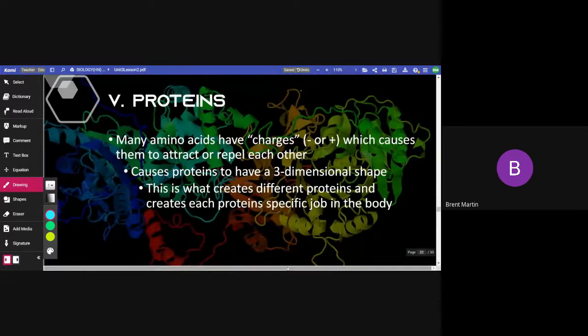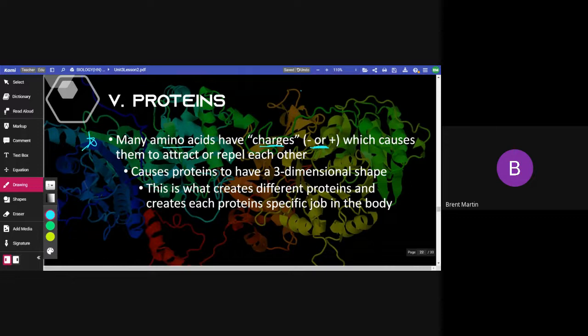The reason why, this will be on the EOC, the reason why these things fold into these 3D shapes that you see in the background, many amino acids have a charge, and sometimes they can be positive or they can be negative. What do y'all know about positive and negative ends of a magnet? They attract, don't they? What about if it was two positive ends of a magnet, what would they do? They would repel.